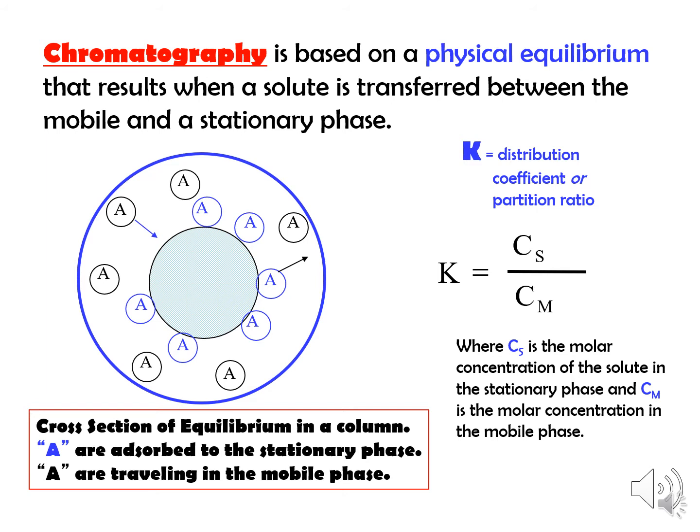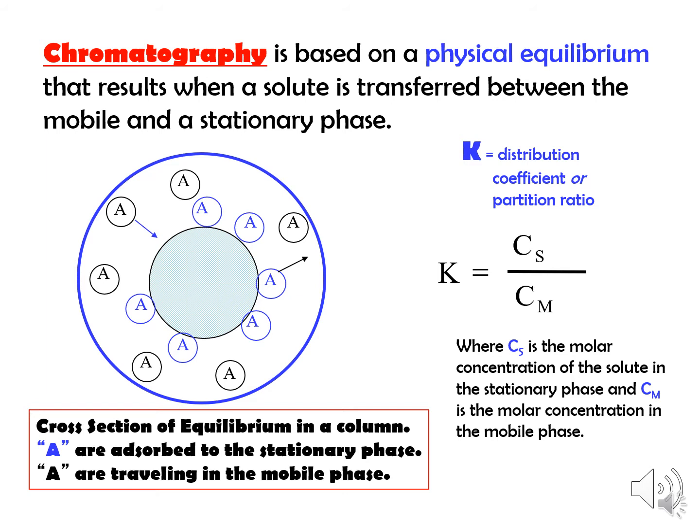So if we look upon this as the analytes, and the little bluish ball in the middle there is the stationary phase, we're going to have an equilibrium going on between the analyte that's going to be in the mobile phase versus what's going to be either attracted to the surface of the stationary phase or actually dissolved in the stationary phase.